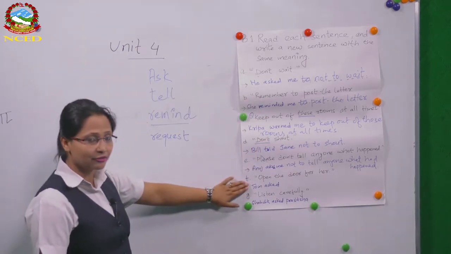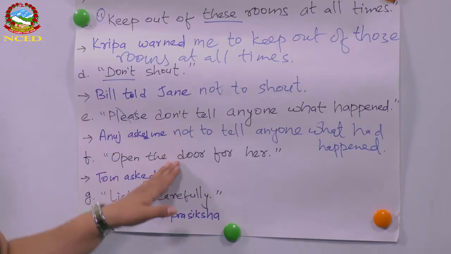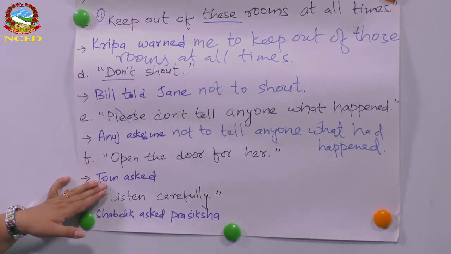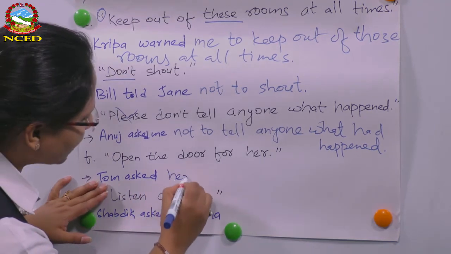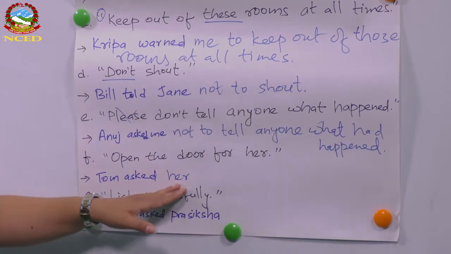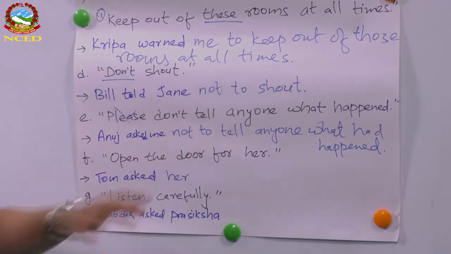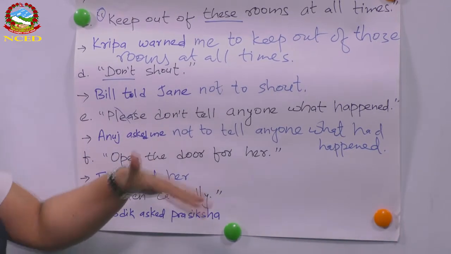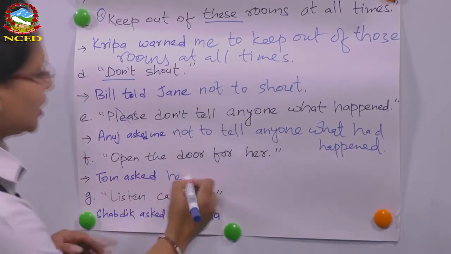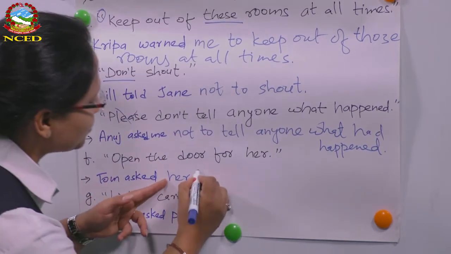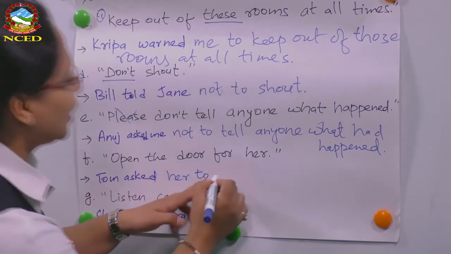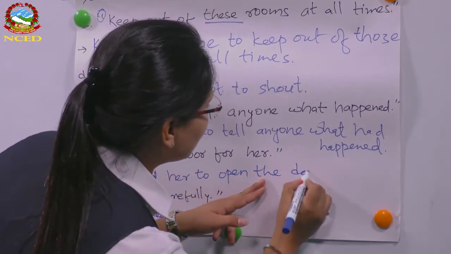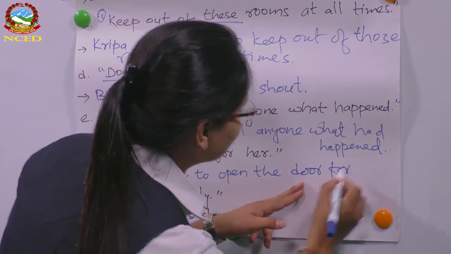Now, number F. Open the door for her. And in your book, Tom asked her is already there. Now let's do the remaining. It is a simple command, so we don't need to think about anything else. This is a positive command, so we simply write to here and open the door for her.